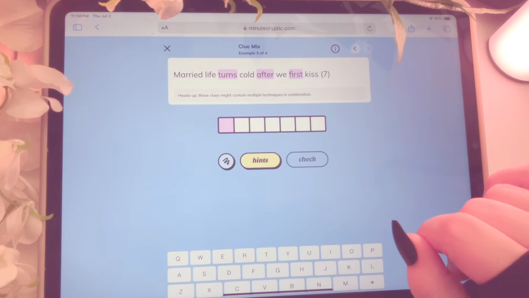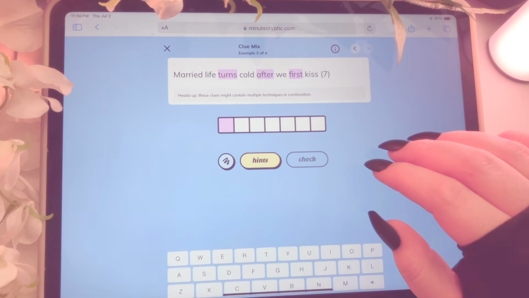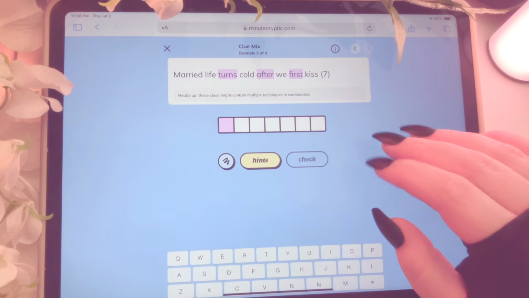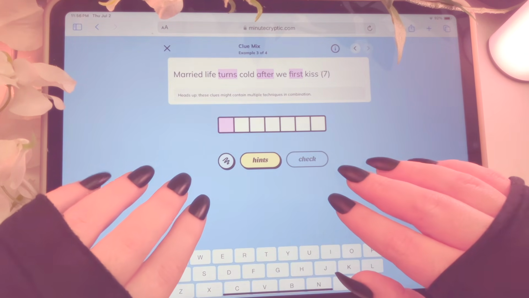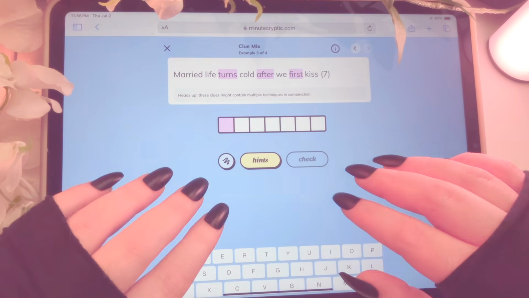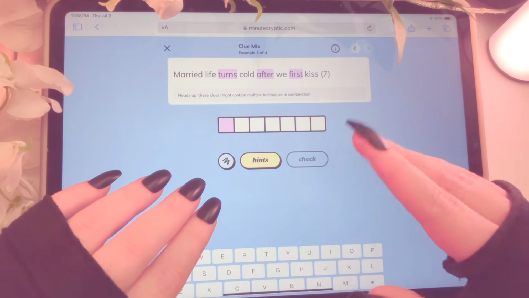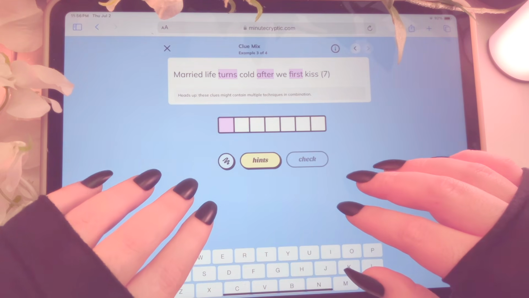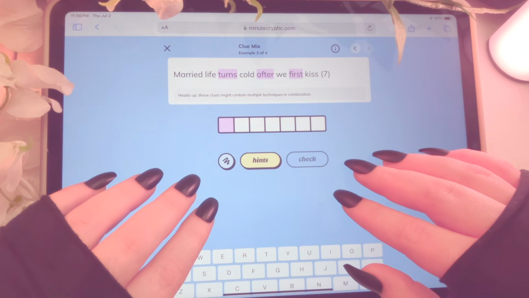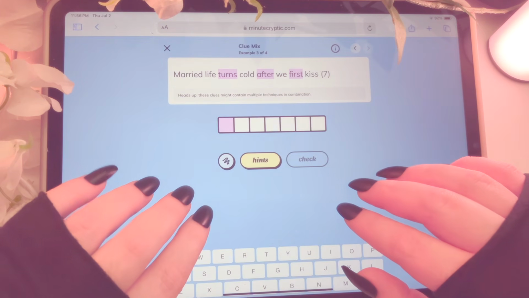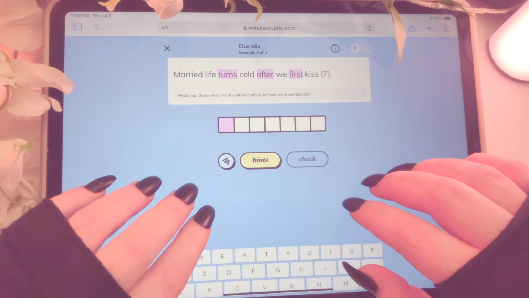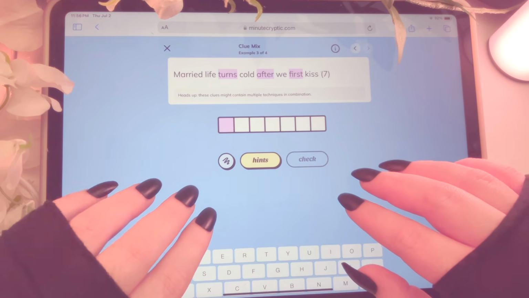I think married life has to be the definition, but I'm not really sure what married life. Matrimony, but that's not really. There's nothing else that can be that. Am I supposed to use the letters from we in there?